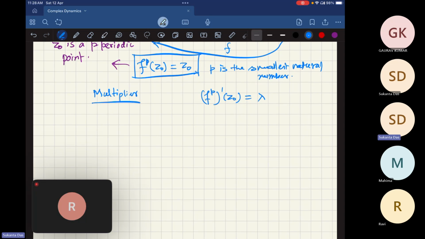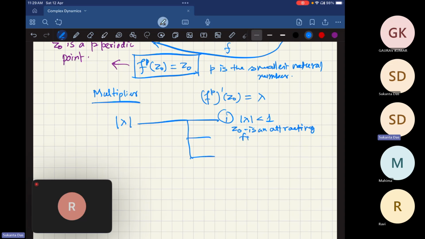Now, depending on the value of lambda, if we consider the modulus of lambda, there are three possible cases. The first one is if mod lambda is strictly less than 1. If this holds, then I will say that my z naught is an attracting fixed point of f^p.